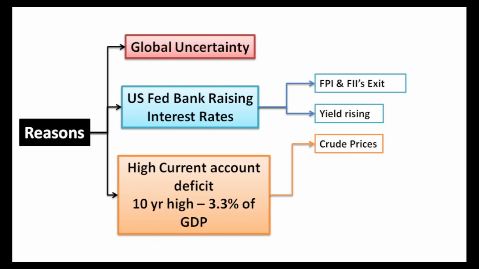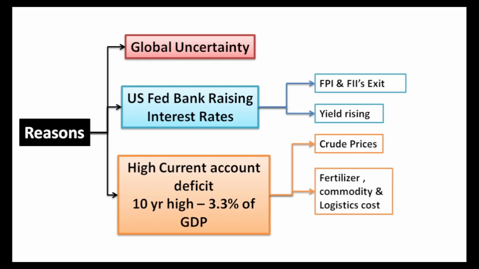So we have to convert more Indian rupees to US dollars, because of which the value of the Indian rupee is again falling. And because of the Russia-Ukraine conflict, the cost of fertilizers, the cost of oil, and the cost of domestic consumption oil, the production of which is very low in the Southeast Asian countries, and the restrictions put by Malaysia, all this is affecting the commodity prices in the global market.